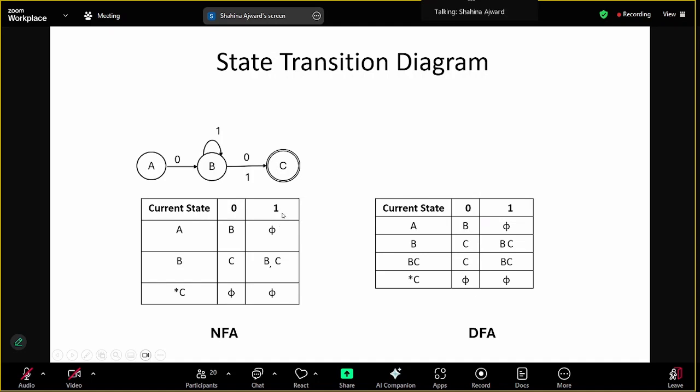And for 1, again it is phi. So we define all as phi. Okay, so this is our DFA. Someone requested me to explain the BC row, so let me explain again.